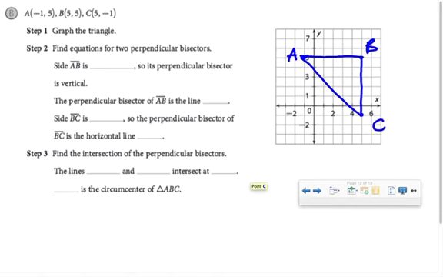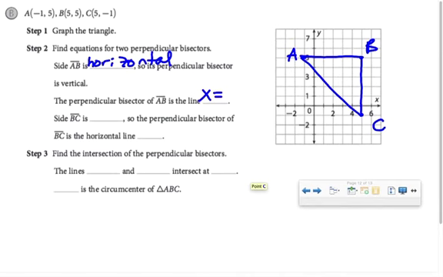Since side AB is horizontal, its perpendicular bisector will be vertical. The perpendicular bisector of segment AB is the line x equals a number, but hold on a second, let's figure out what that number is.